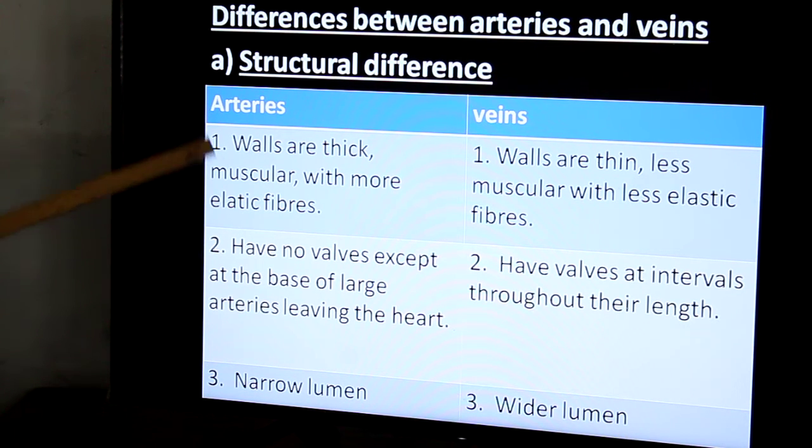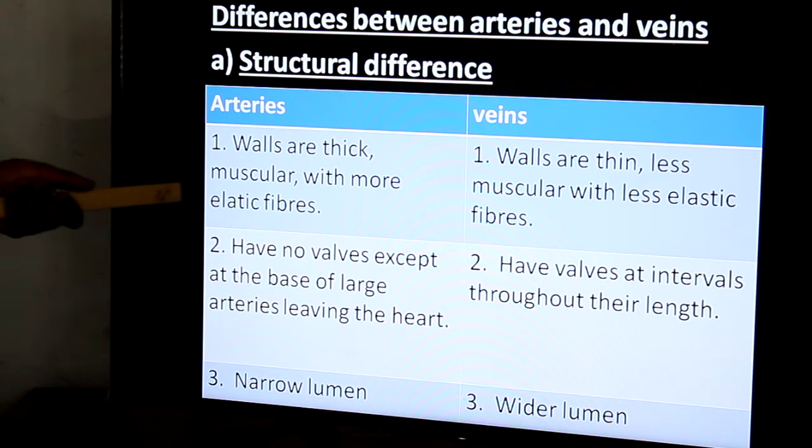The first one: arteries have thick walls, thick and muscular with more elastic fibers. Remember, arteries receive blood from the heart, so the blood comes with a lot of force. For them to resist that high pressure of blood, their walls must be thick and muscular.